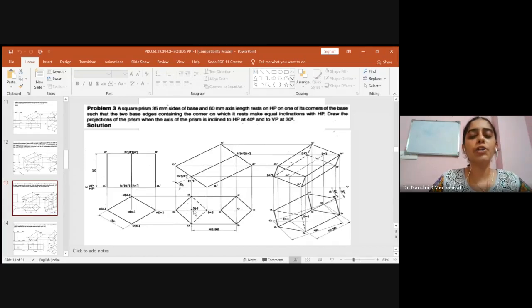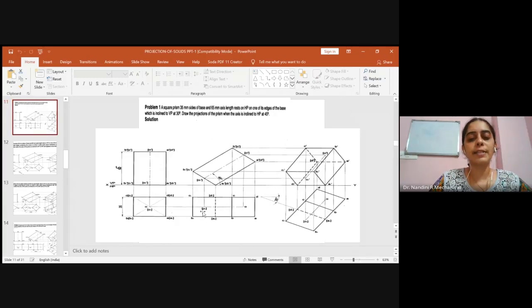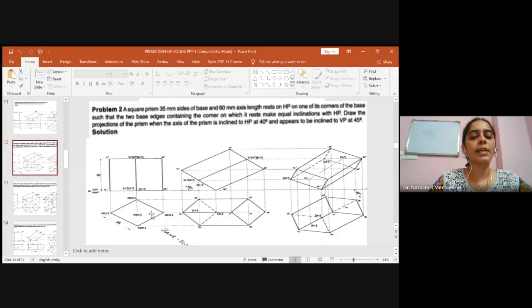And here we cannot show the axis line. In the previous problem, we showed the axis line because it was resting on one of its edges. We could directly project from the center to show the axis. But here in this problem, since it was inclined, the axis line was overlapping with the edge, and hence we could not show the axis line.